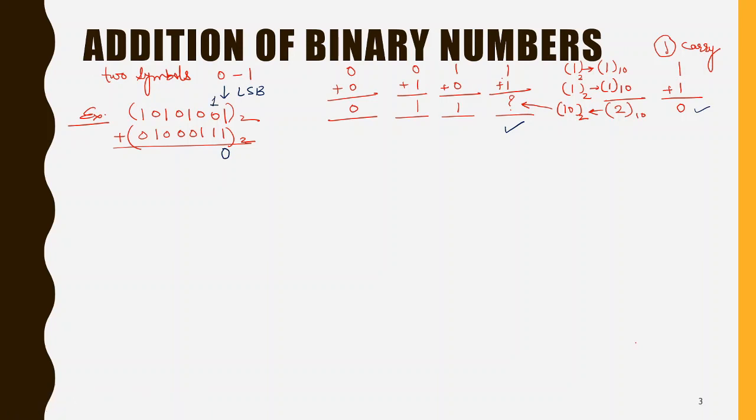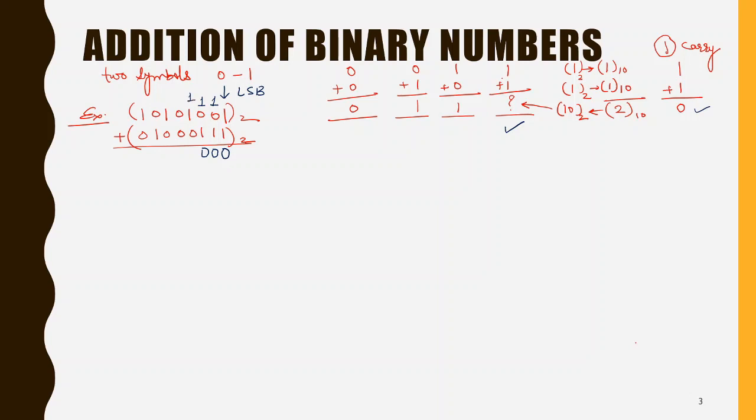Now 0 plus 1 is 1, but with this carry, 1 plus 1 is 0, and the carry is again 1. Then 0 plus 1 is 1, and 1 plus 1 is again 0, and 1 goes to the carry.